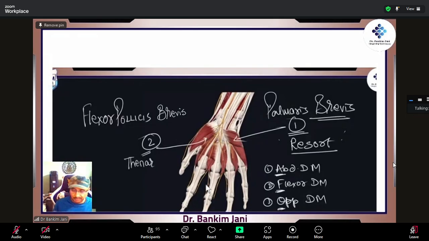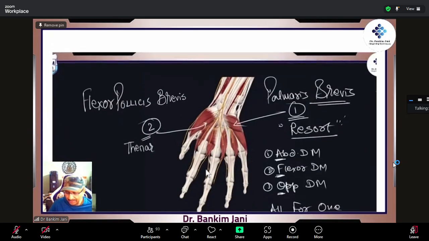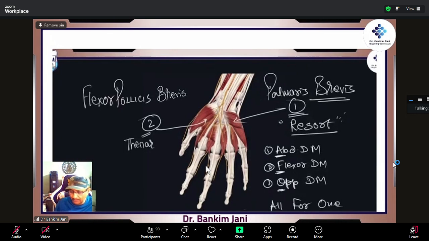Okay. Till this point, palmaris longus, we talked about palmaris longus, which comes and lands over here and game over, right? Finished. But these are two extra things. One, this is the palmaris brevis, which was that fourth muscle. Palm beach, and rest of the three were all for one: abductor digiti minimi, flexor digiti minimi, opponens digiti minimi, and this one was the fourth one.